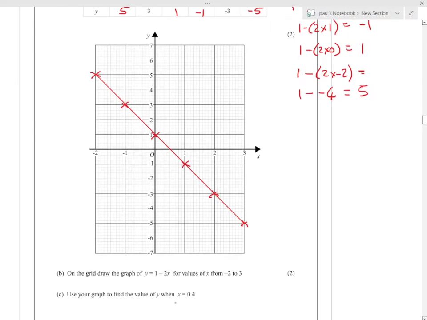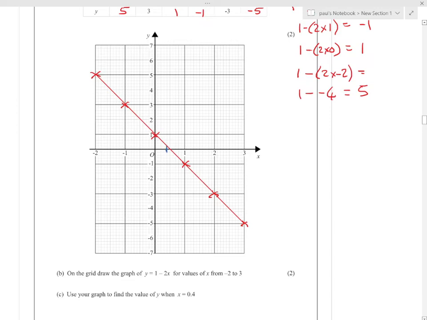Right. Use your graph to find the value of y when x is 0.4. So let's do a different colour for that one. So x is 0.4. So we've got 1, 2, 3, 4, 5. So it's there. 0.4 is there on the x.